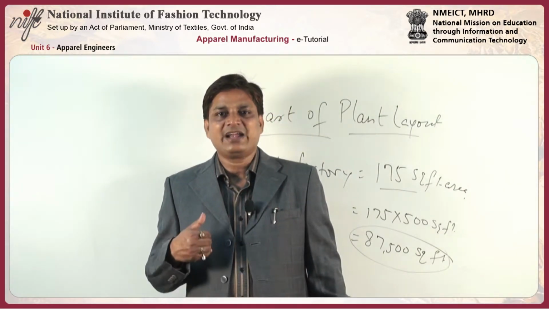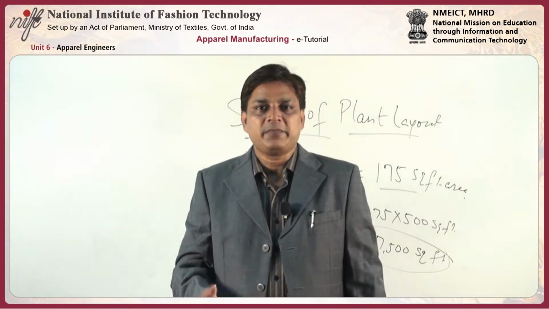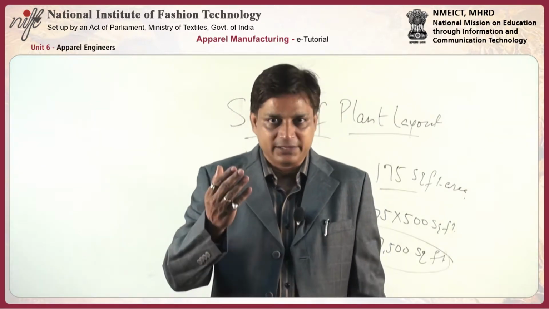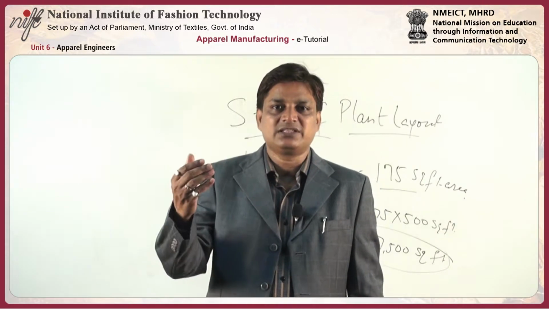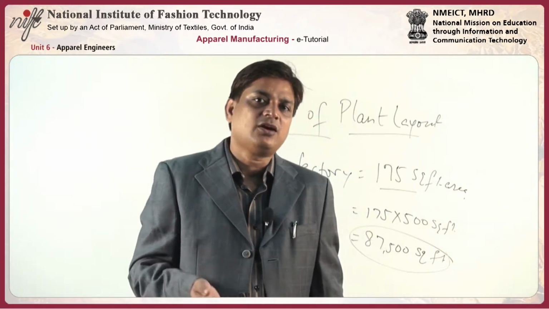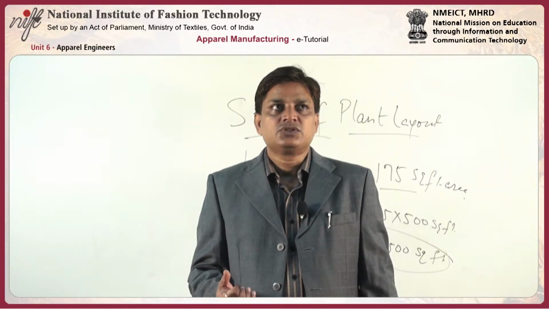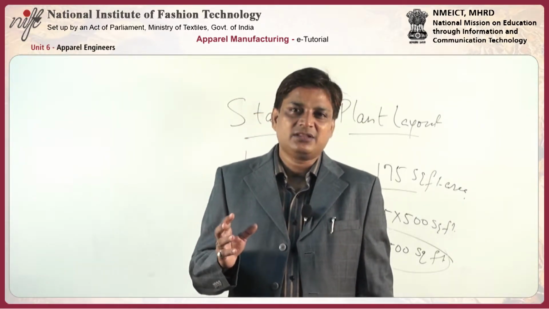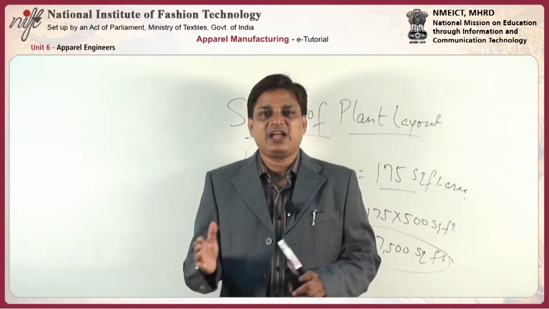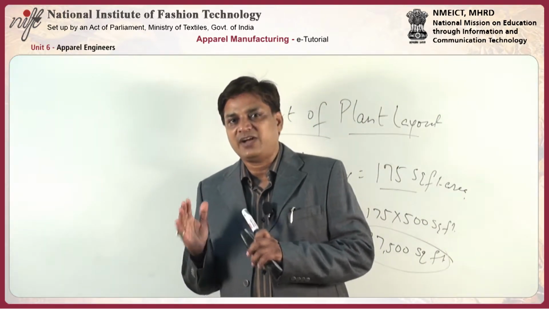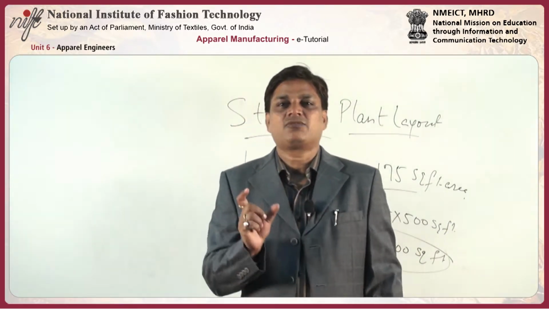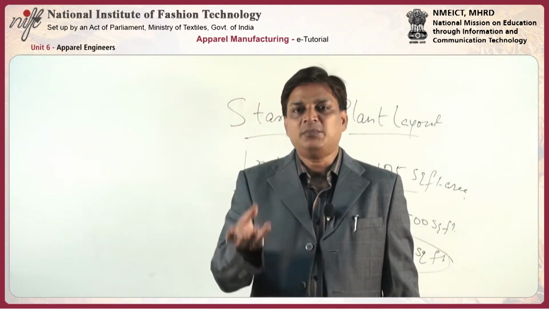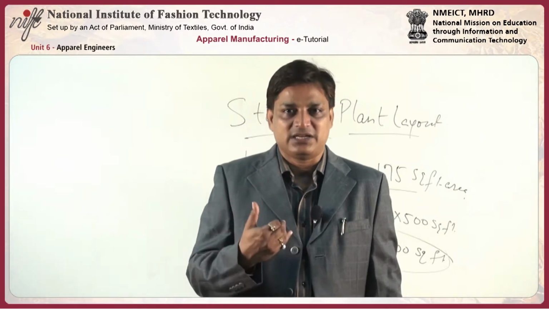If we add everything together, then maybe the 175 will go higher. If the factory doesn't have these facilities, and is only cutting, sewing, finishing, with a warehouse for packed goods as well as a warehouse for raw material, then in that particular case, the 175 factor we are taking may be 140 or 150. This is only a basic calculation of how much area the factory requires.